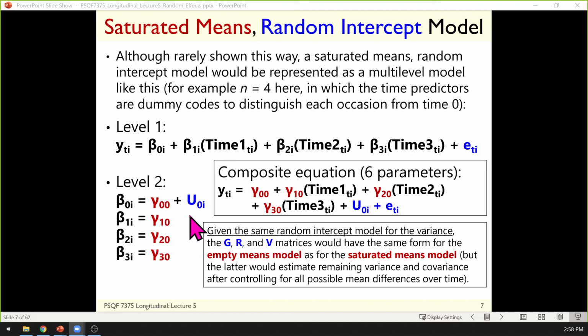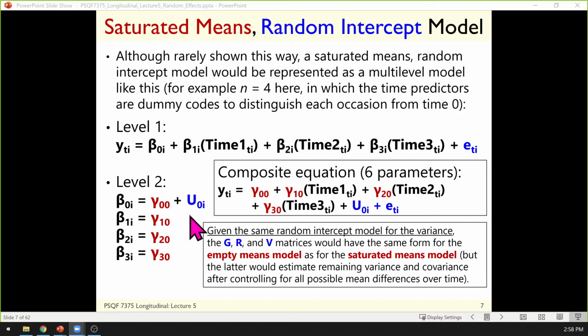Other question, does number of time points play into whether I would specify a random slope model? Does a random slope model make sense with just 2 time points? Great question. A random slope model is not possible with 2 time points. You got to have 3. Not everybody has to have 3, but at least some people have to have 3 for it to be estimable.